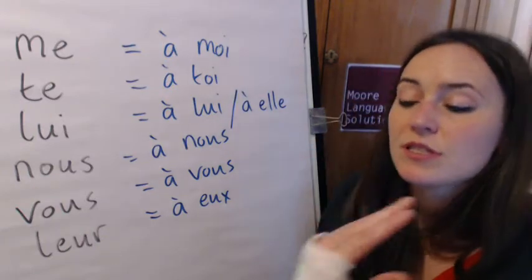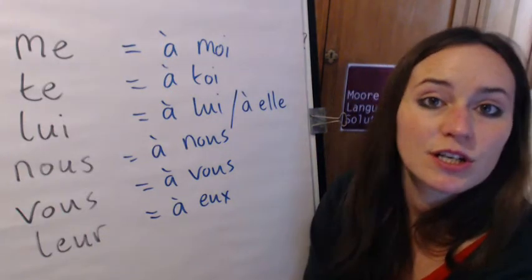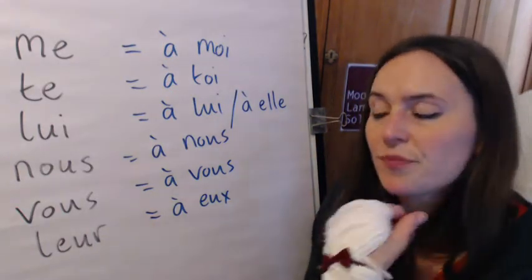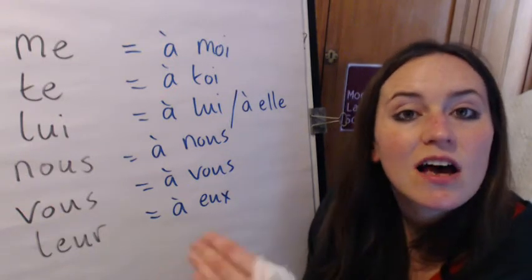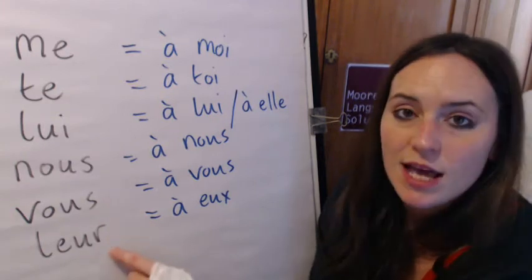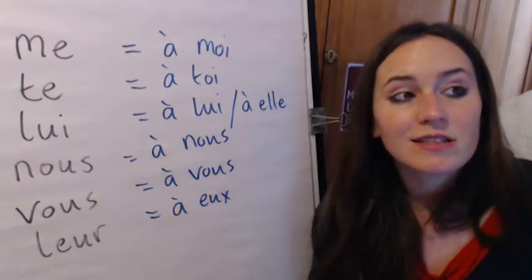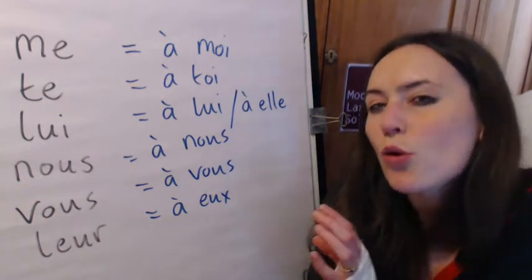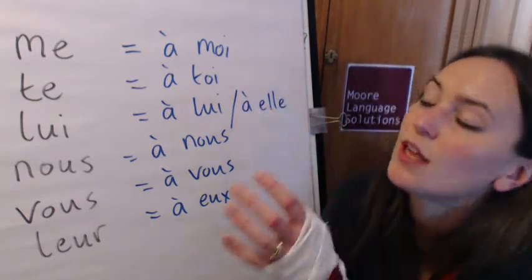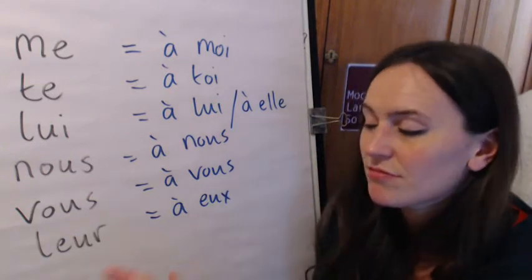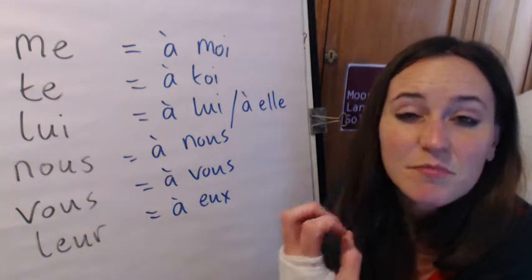For example, c'est leur voiture. It's their car. Ce sont leurs enfants. These are their children. Sometimes you'll see that with an S, and it means their, as in T-H-E-I-R, or theirs. However, here it means "to them".